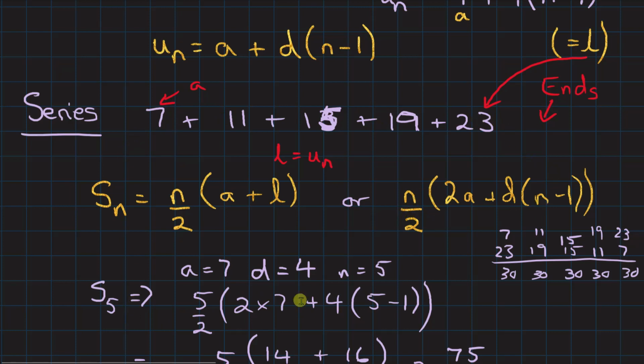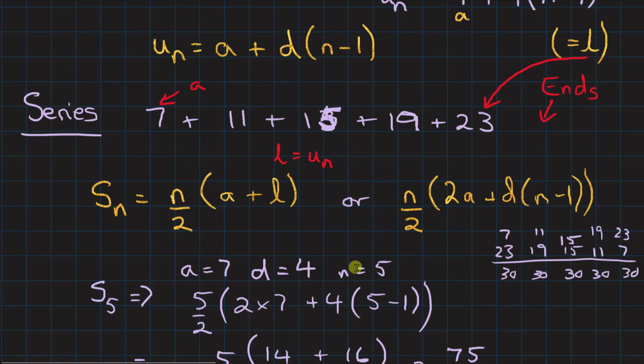Try this formula. Well, our first term was 7. Our difference is 4. And the number of terms I want is 5. Put it into the formula, 5 over 2. And I would write it out this way for the examiner. Make sure they see that you are putting each value in, not doing parts of the calculation.